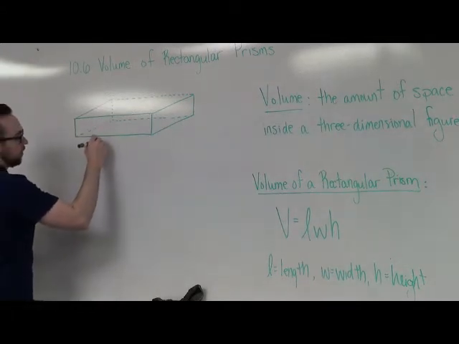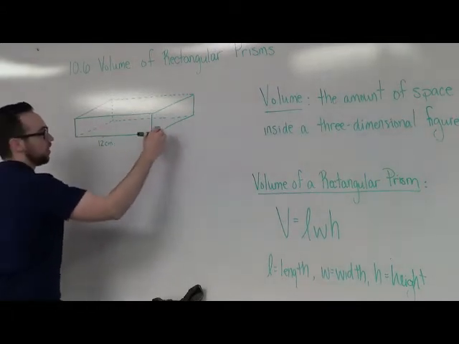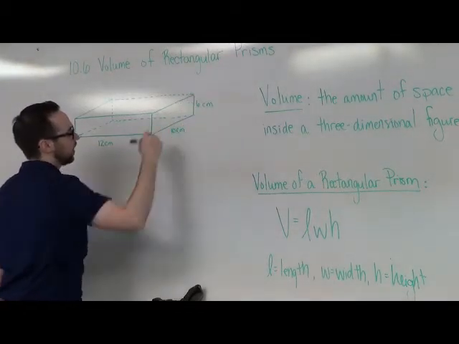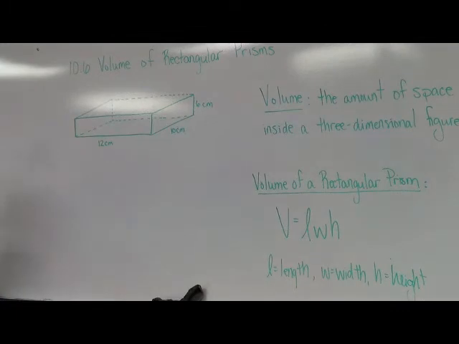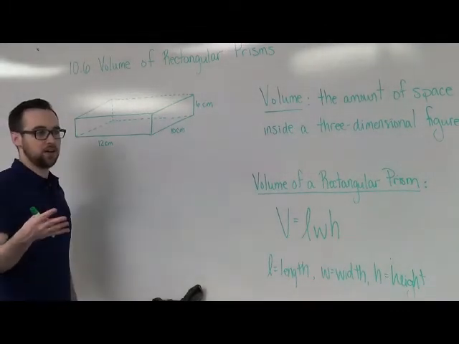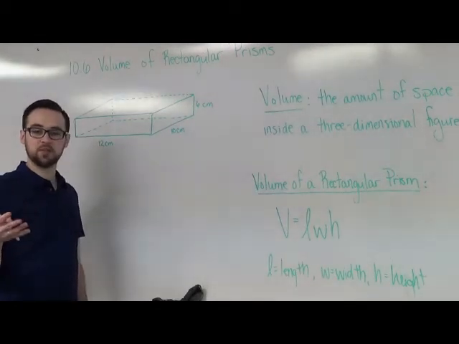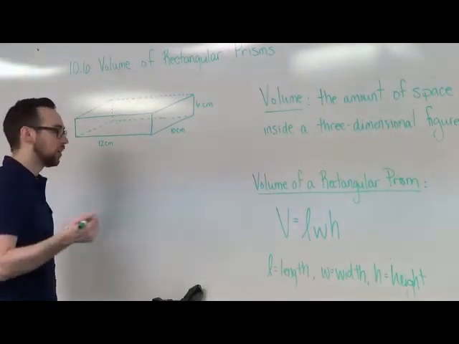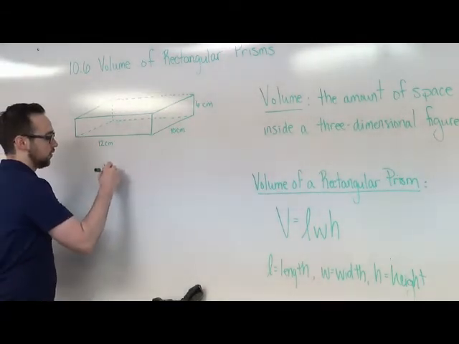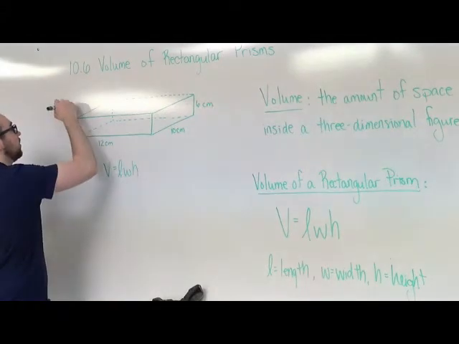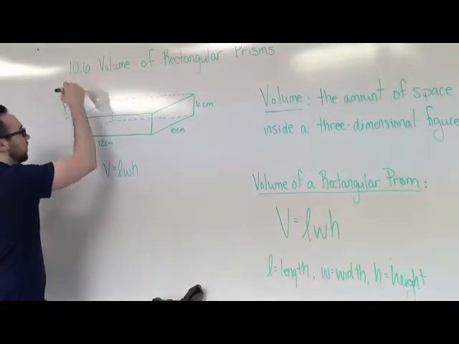Alright, so we have a 12 centimeter wide box, it's 10 centimeters long, and it's 6 centimeters high. Now again, this is very similar to when we were looking at triangles and rectangles and things with the area. It doesn't really matter which one's which, because remember, our formula tells us that we are doing length times width times height. And so you can call this example 1.